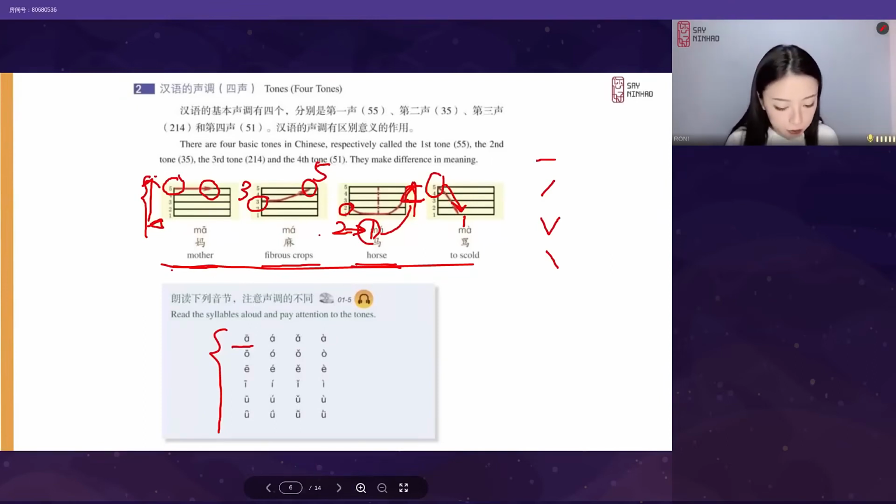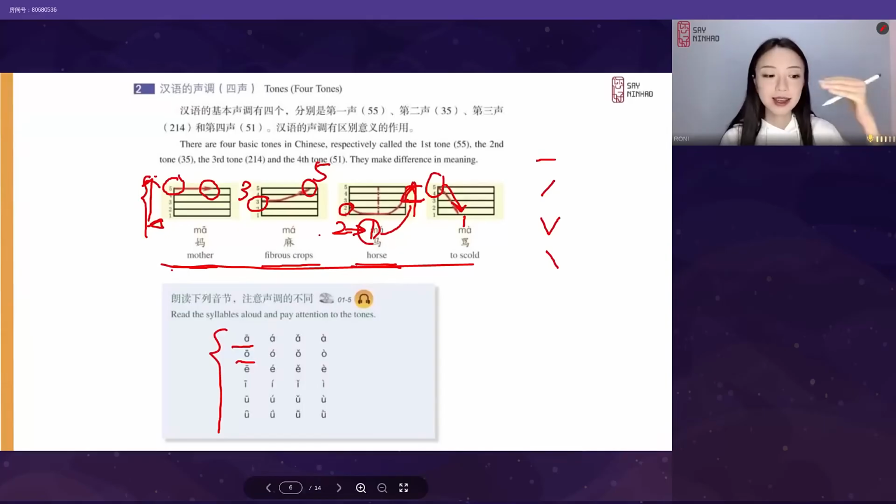Okay, next is wo. Okay, try to read it. Wo, wo. Second tone, and third tone, and fourth tone. The next is, let's try.